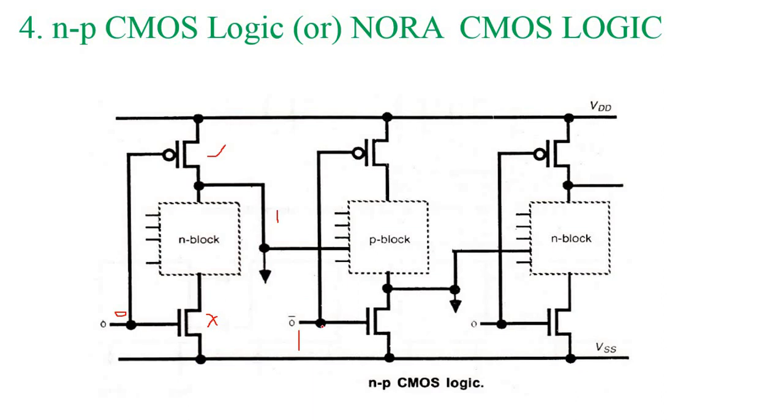When it is 1, this transistor is in the on state, so the output is 0. Here I consider phi equal to 0, which is an open circuited condition, and the transistor is in the on state, so the output is equal to 1. Like that we get the output.